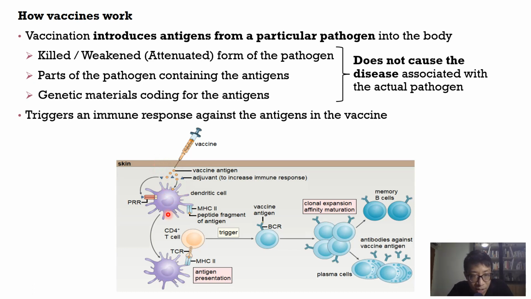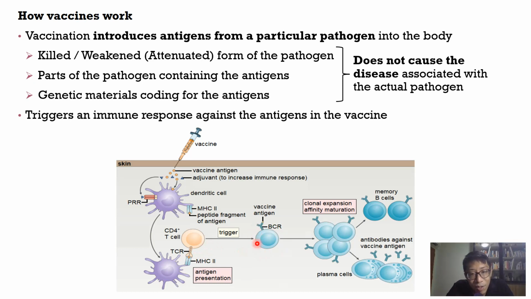So a particular antigen presenting cell, in this case the dendritic cell, would phagocytose the vaccine, break it down, and present a particular peptide fragment of the antigen on the vaccine, which will be recognized by a specific naive helper T cell with T cell receptor that is specific for this presented peptide fragment of the antigen. Okay, so the helper T cell will be activated and release cytokines.